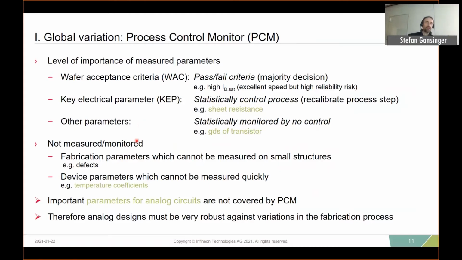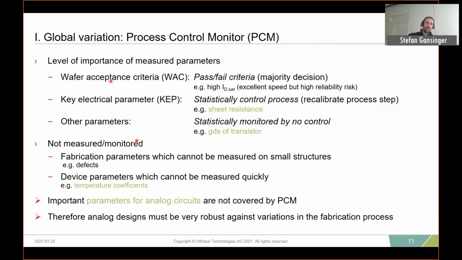What is also important to know with respect to analog design are device parameters which cannot be measured quickly. For instance, temperature coefficients or flicker noise constants or similar parameters cannot be measured in production tests because it would take much too long.